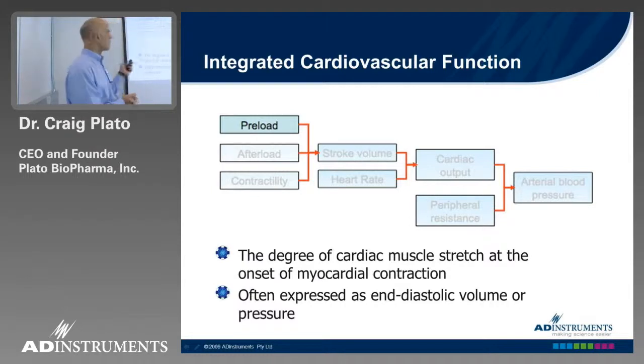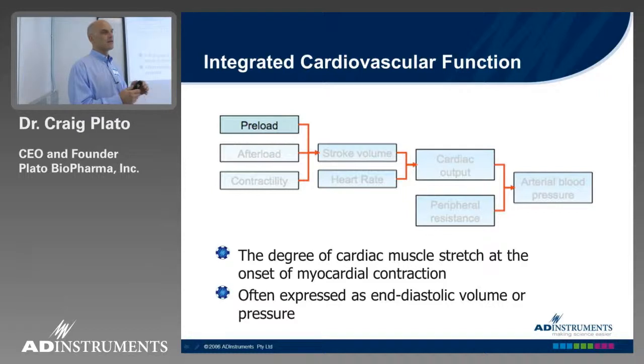So again, going into a little more detail around what these terms mean. Preload is the degree of cardiac muscle stretch at the onset of myocardial contraction. So if you recall, I told you the heart is a demand pump. So the heart can be, in a very simple way, conceptualized like a rubber band. The more you stretch, the more it will snap back. So the more you fill the heart under normal conditions, the more it will snap back, the more you load the heart.